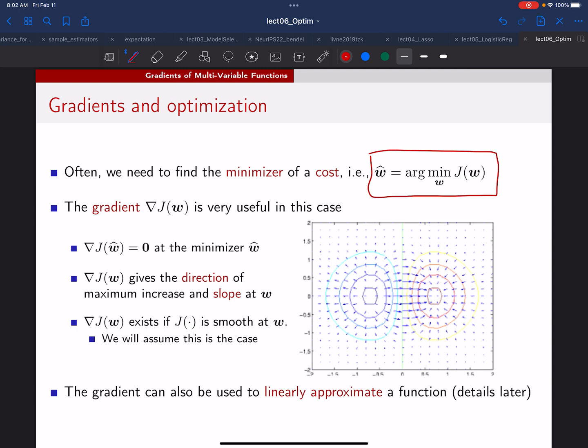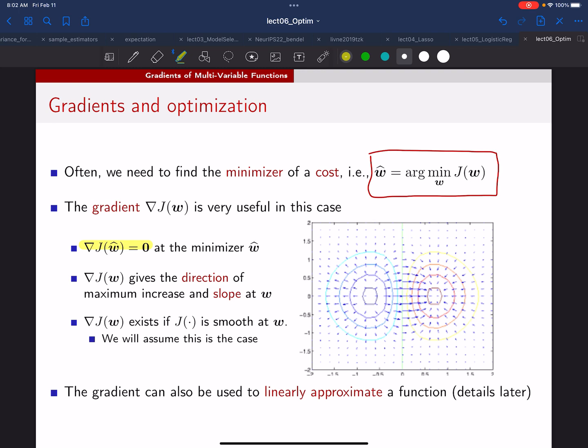This is an unconstrained optimization problem, so there are no constraints on W, and we're going to assume that J is smooth. In that case, we know that the minimizer occurs at a point of zero gradient. We've used that several times, for example in our least squares minimizer derivation.